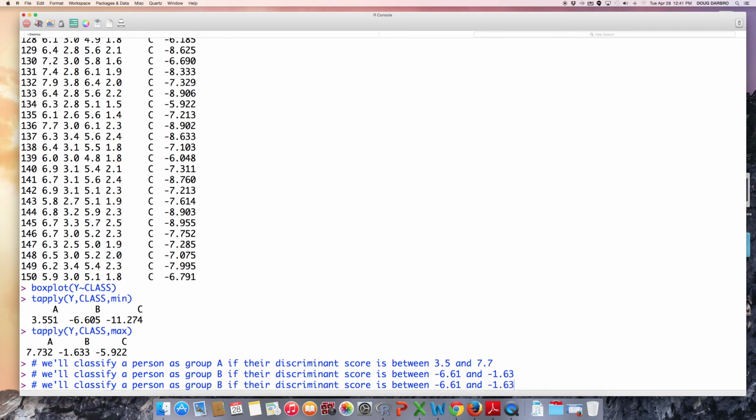And we'll classify a person as C if their discriminant score is between negative 11.3 and negative, say, 5.9.